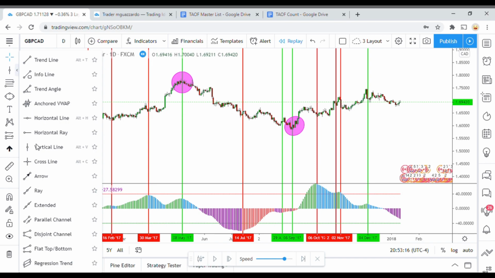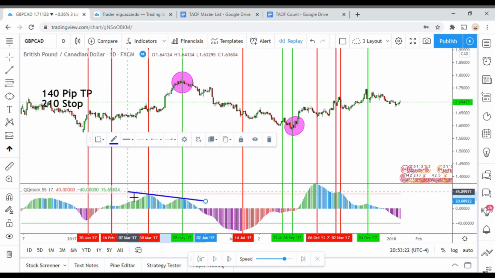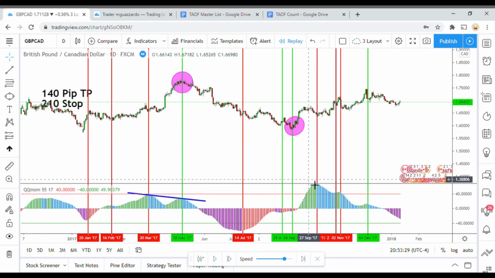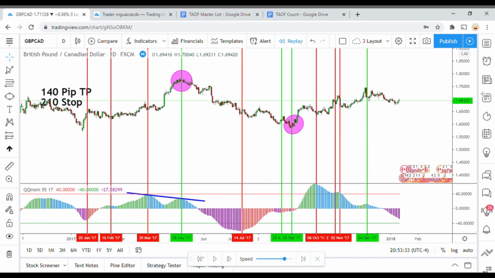I mean, definitely looks like it had some divergence happening here, there, and then over on this side also divergence taking place. And so there's that portion of it.